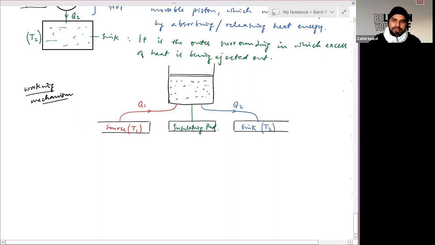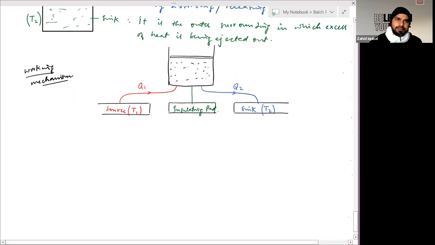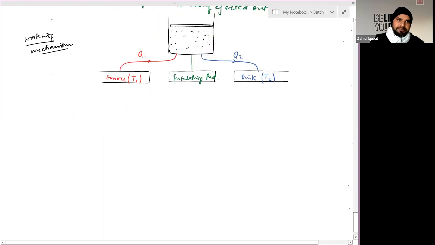Now, to define this working mechanism, let me explain on the basis of a graph.